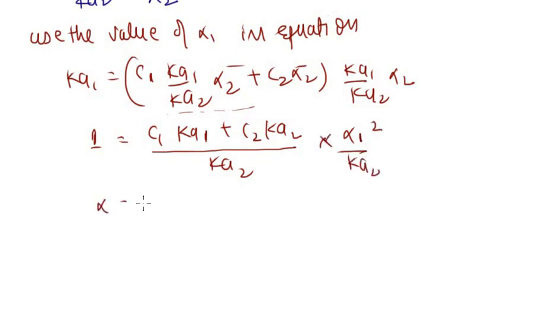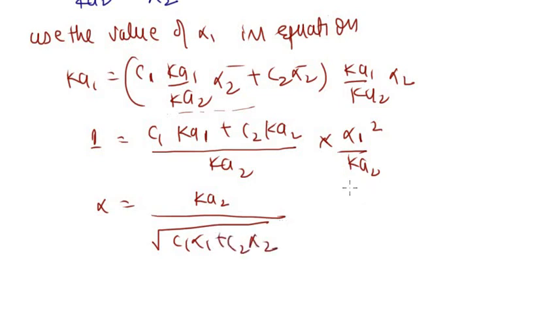Now alpha comes out to be Ka2 upon under root of C1 alpha 1 plus C2 alpha 2.